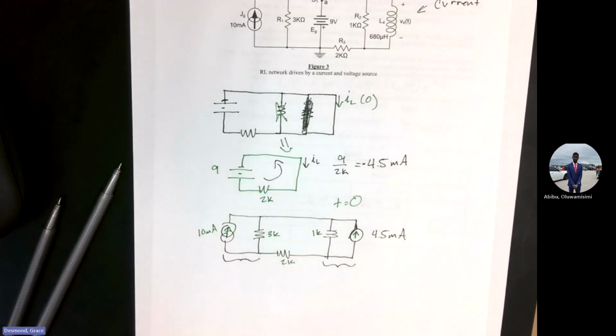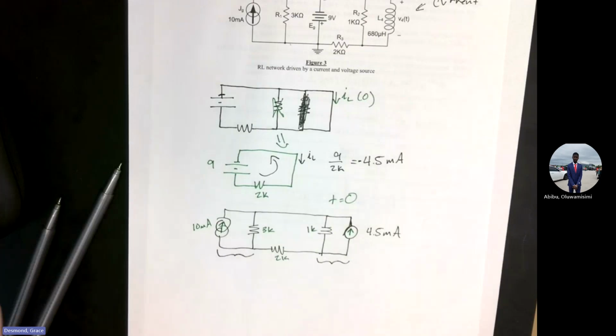Nodal analysis would work too, that's so much simpler. If you know how to do nodal or mesh analysis and it works, do it. If current division makes sense, do current division. If you think transformations, do transformations. Do whatever works for you that you can solve the circuit.